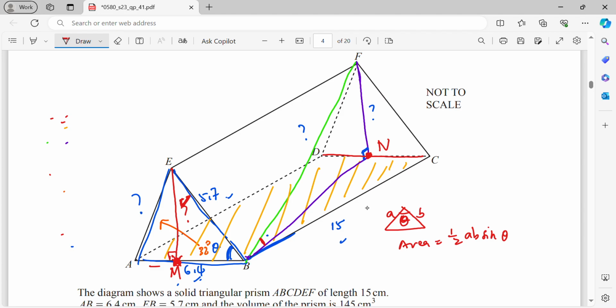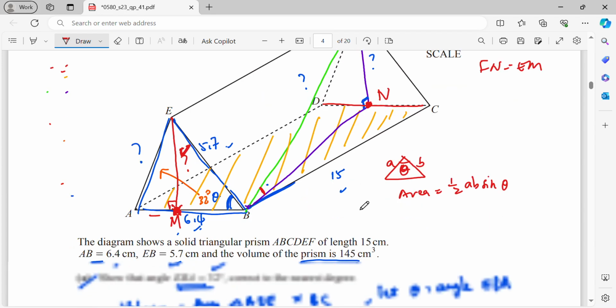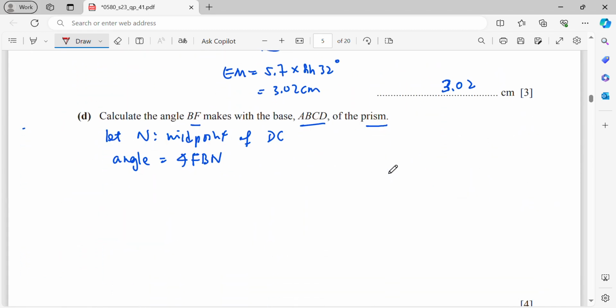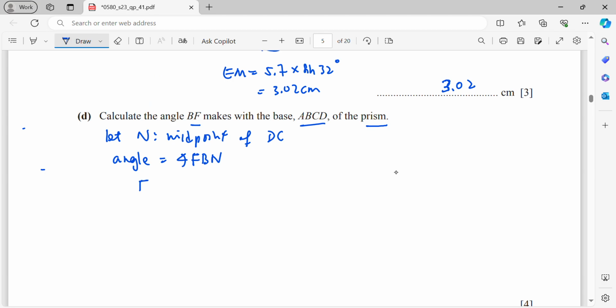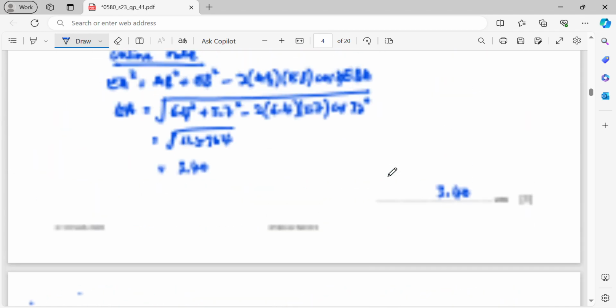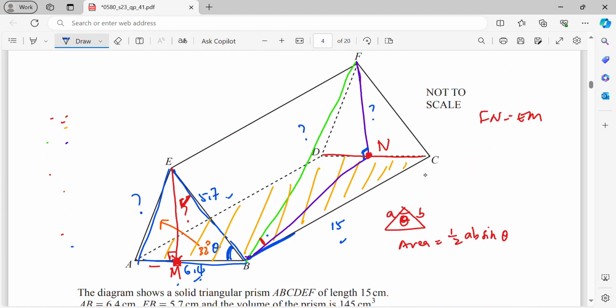So FN equals EM because they are the same triangle. So my FN equals EM, which is 3.02. Now I just need to find out what is my FB.